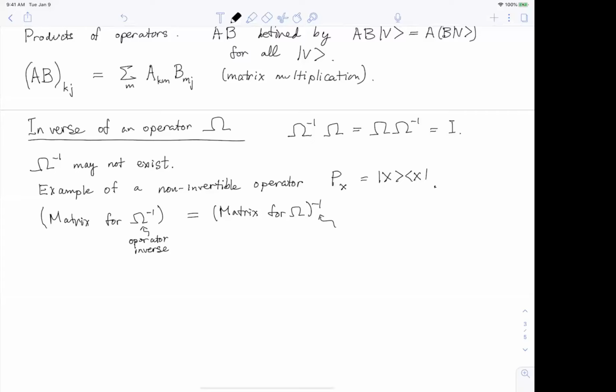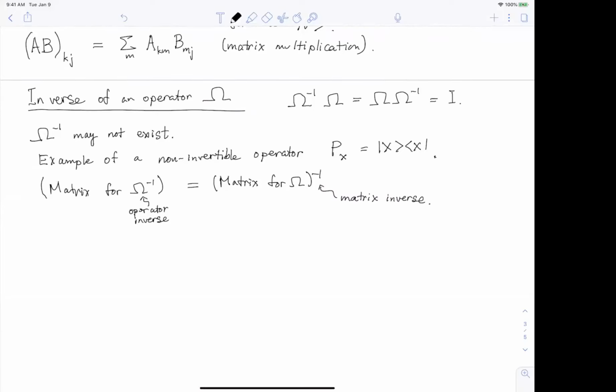So this means the matrix inverse, just from linear algebra. Then what we can say is the operator omega inverse exists if and only if the determinant of the matrix for the operator is non-zero.